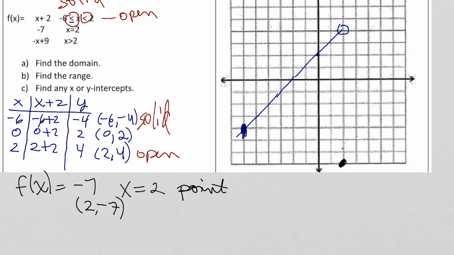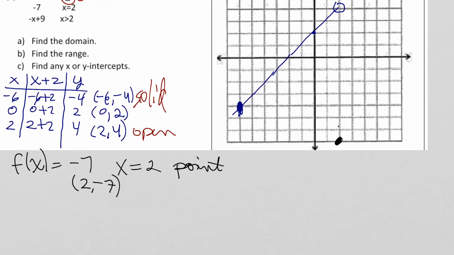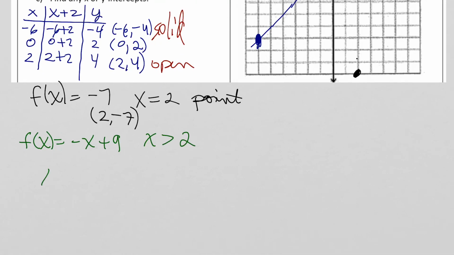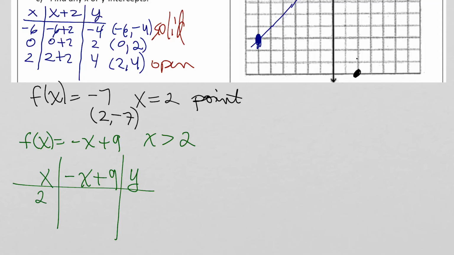Third graph, and I will do this one in green. We are graphing f of x equals -x plus 9, where x is greater than 2. When I set up my chart to get points to plot, I have to start with 2. Because of this symbol, it's going to be open to start that line.